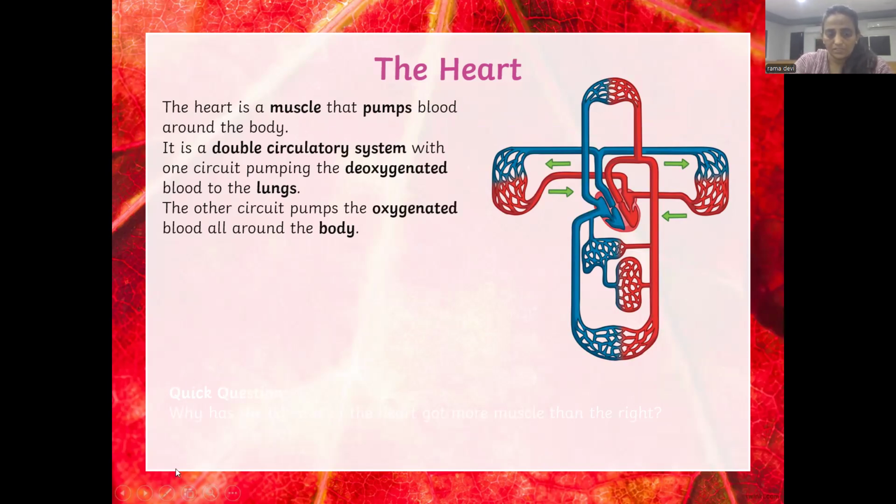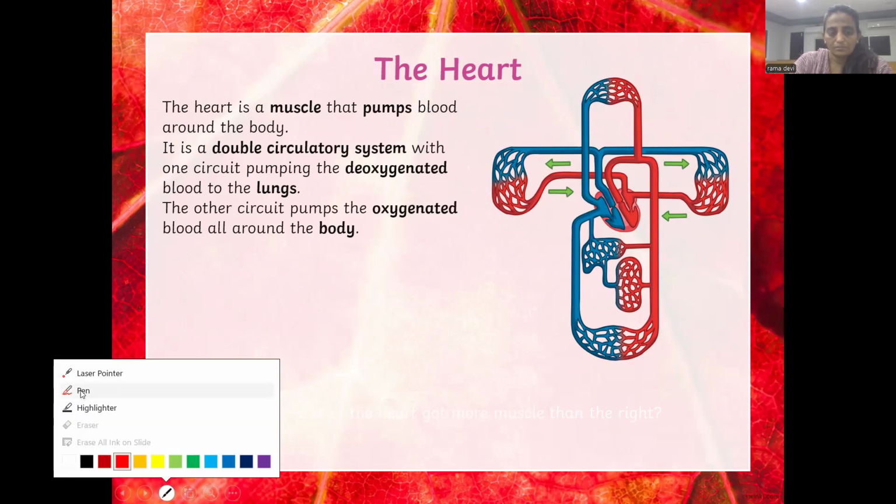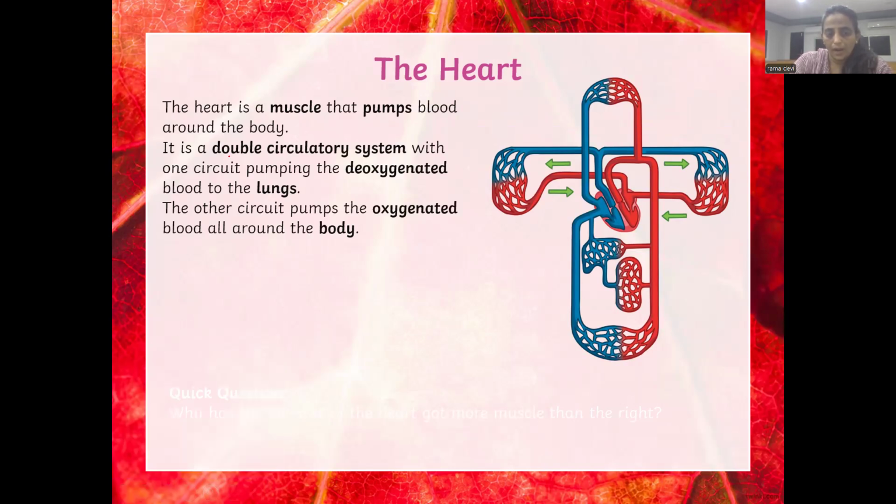So, what is double circulation? The term means the blood is passing through the heart twice, because the heart is separated by a septum into a right half and a left half.